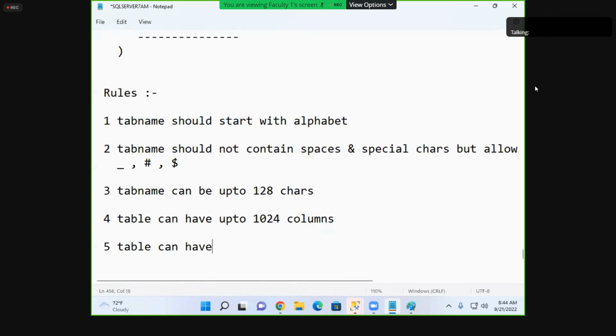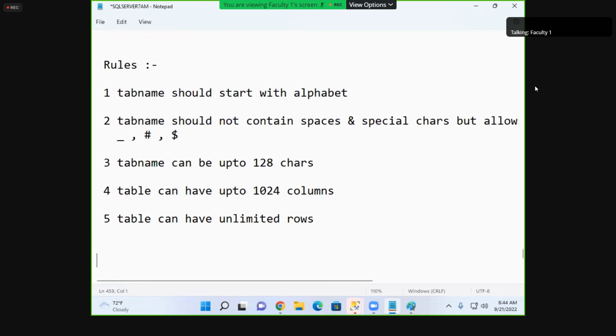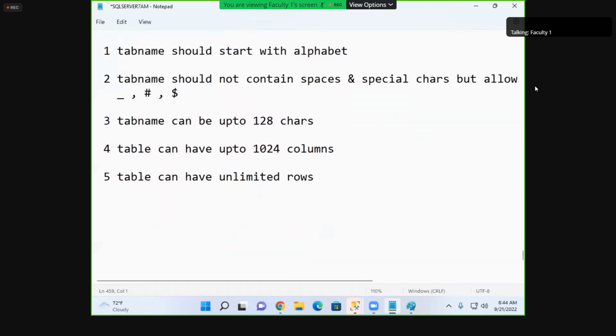And the table can have unlimited rows. The number of rows is unlimited, and the number of columns is 1024. So in a bank customers table, how many customers' data can you store?